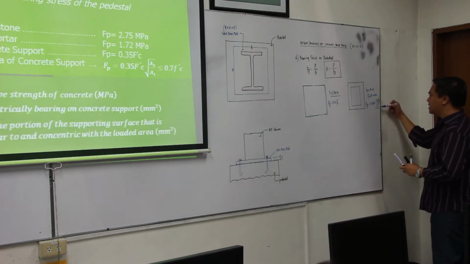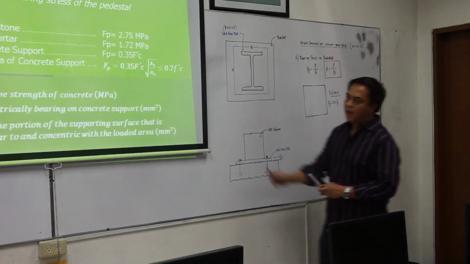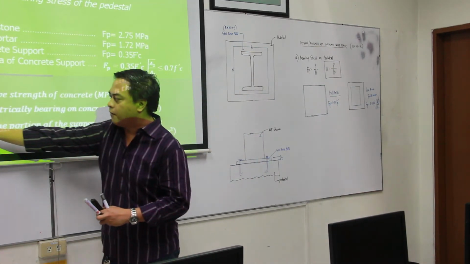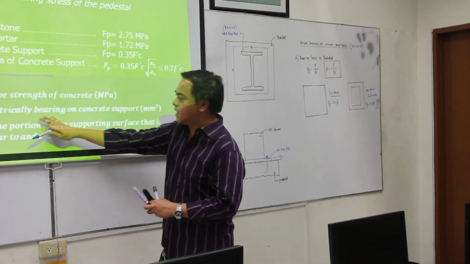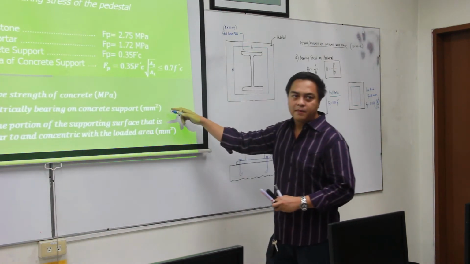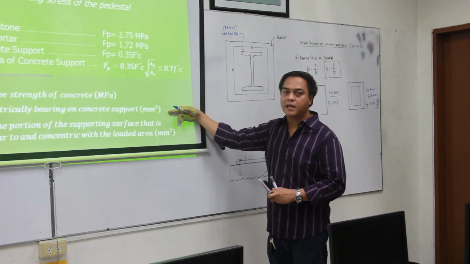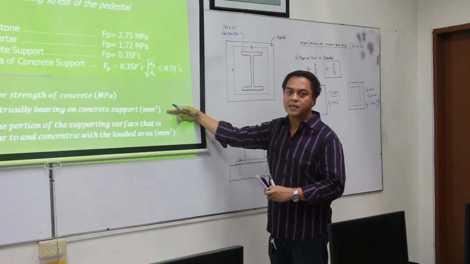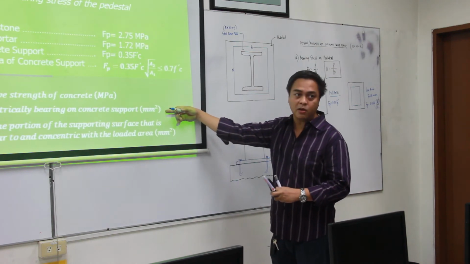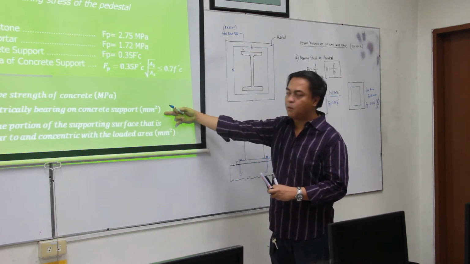Now, what are these A1 and A2? From this definition, A1 is defined as the area of the steel concentrically bearing on concrete support. Meaning to say, that would be the area in contact between the two materials. In short, this corresponds to the area of the base plate in contact with the pedestal, A1.